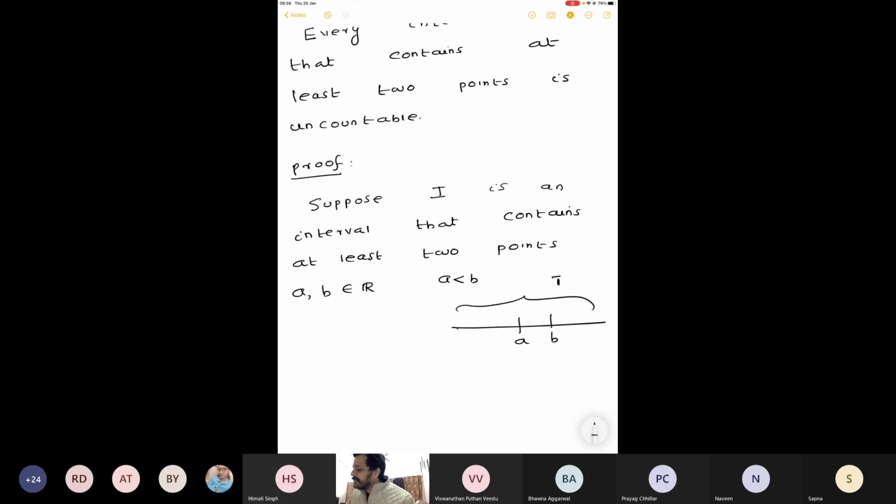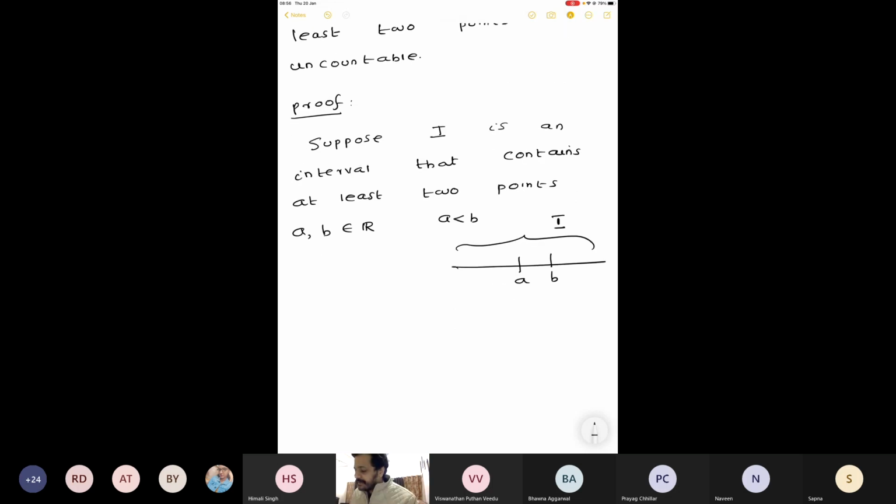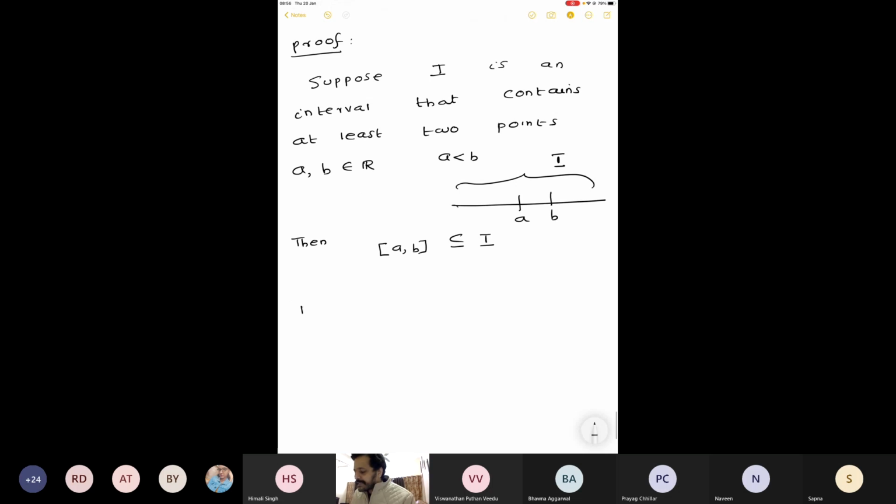Then since I is an interval, once A and B are in I, the whole closed interval AB will be inside I. Then closed bounded interval AB will be in I. Therefore, outer measure of I is greater than or equal to outer measure of AB by monotonicity.